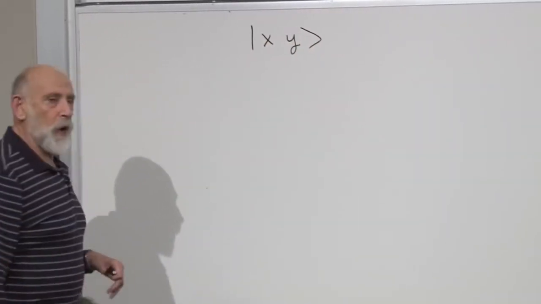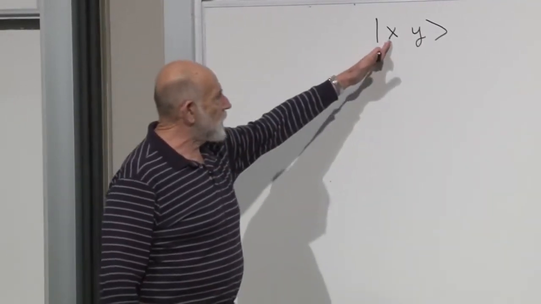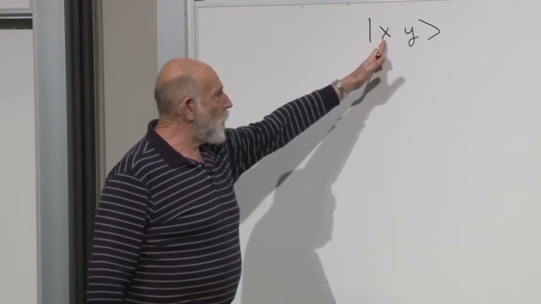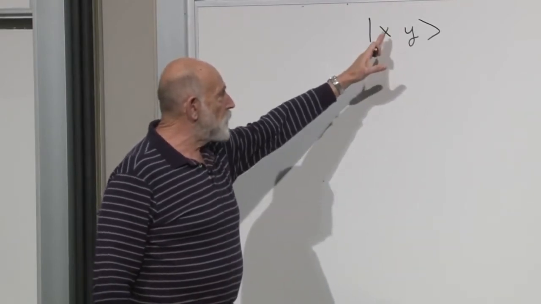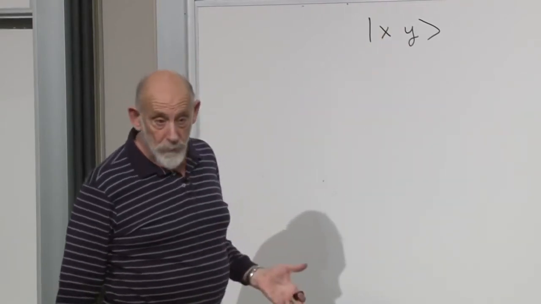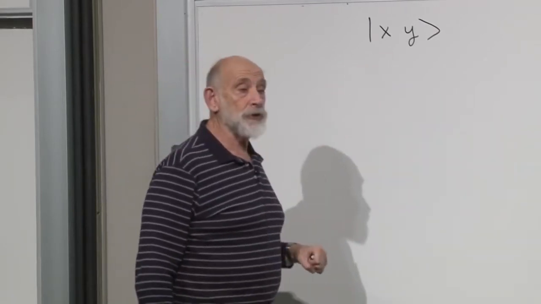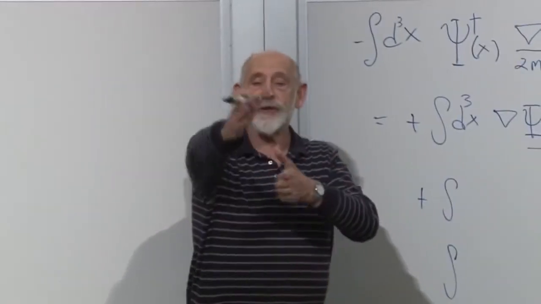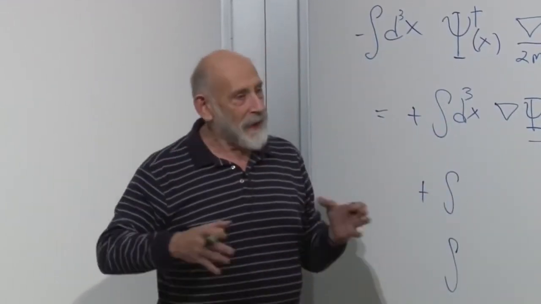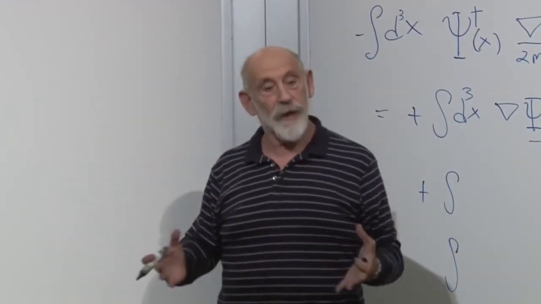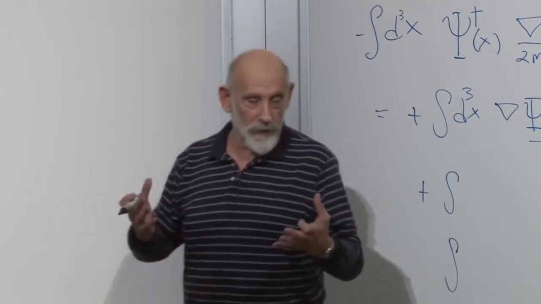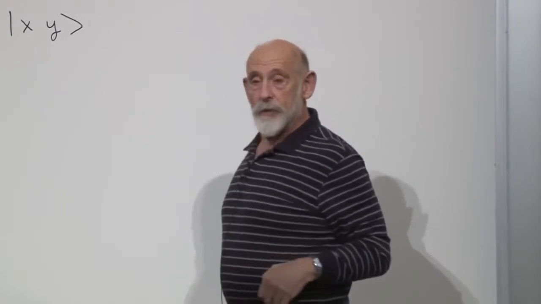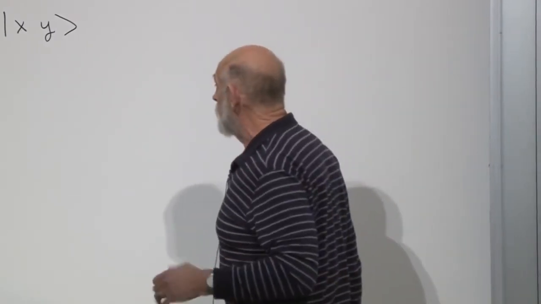This is slot 1, this is slot 2. This stands for particle 1, this stands for particle 2. x stands for the position of particle 1, y stands for the position of particle 2. Neither x nor y refers to the x and y coordinates. x and y are each, if you like, three-dimensional positions or one-dimensional positions depending on the context. That's a state with two particles, one at x and one at y.